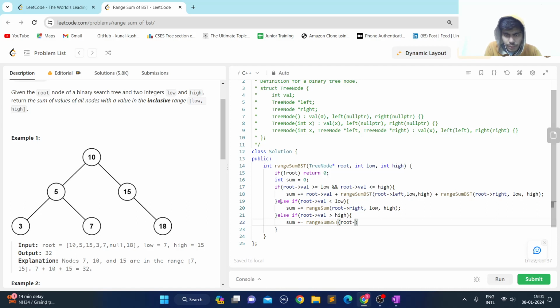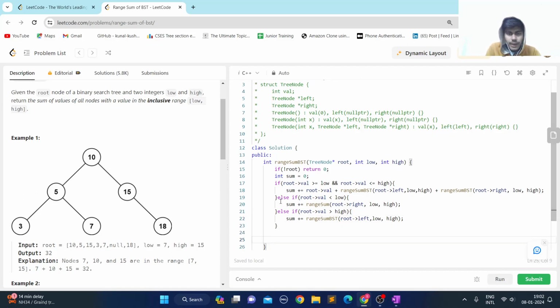So I'll call root of left, low and high values are the same, they are not going to change. Now finally, after going through all the if and else if conditions, they'll go into only one of them. So we got our sum finally, and now we have to return our sum. Okay, now this will run fine and give you the answer.